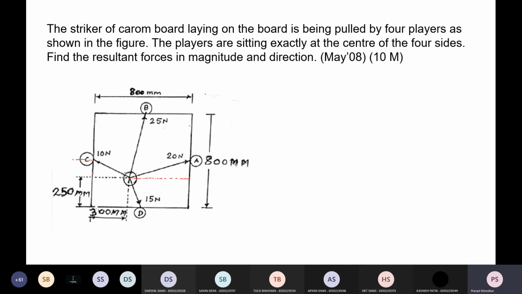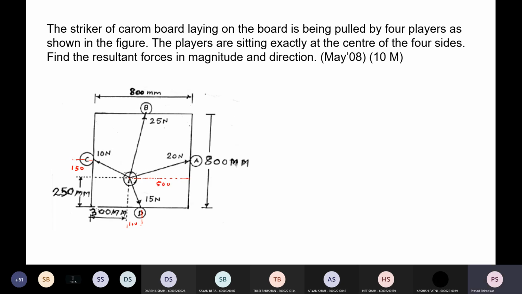Right, sir. So let's find out all the angles. To find the angles, we are going to use trigonometry. So first we need to find out all the sides. This is 300 mm. This will be 100. This will be 500.